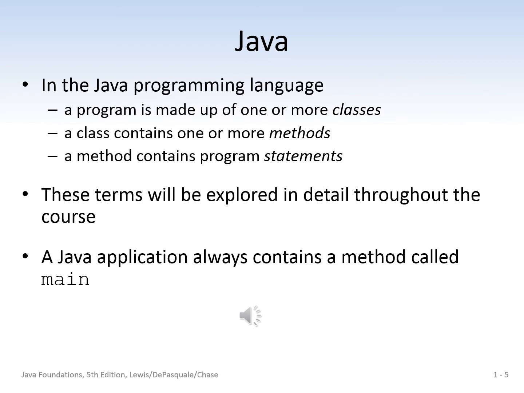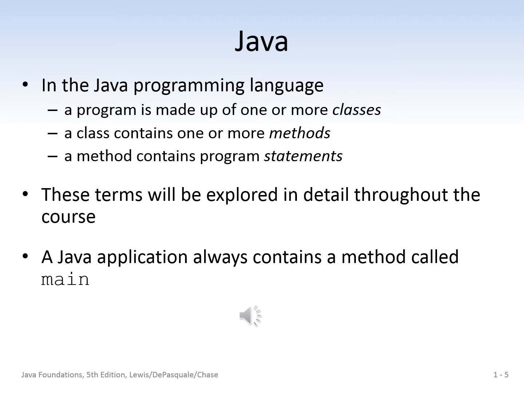Java is an object-oriented programming language, and the focus of this course is object-oriented programming. We just happen to be using Java. And in Java, a program is made up of one or more classes. You'll see a class is kind of a blueprint.